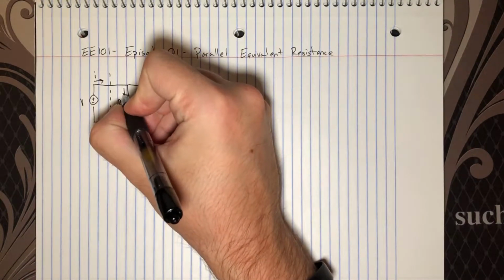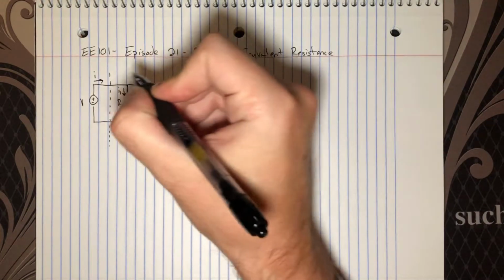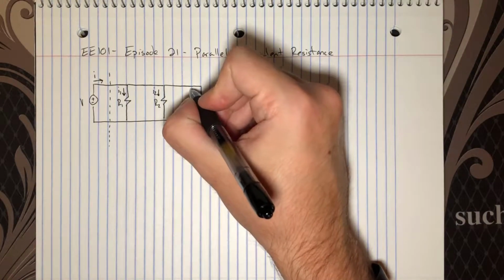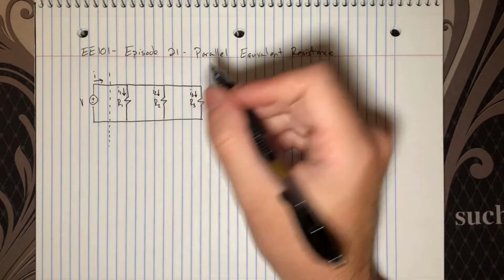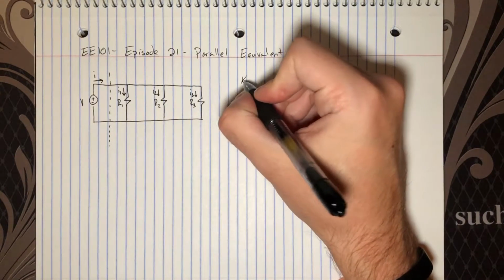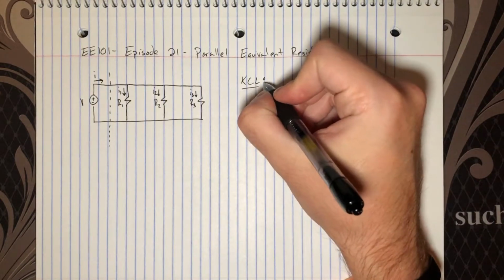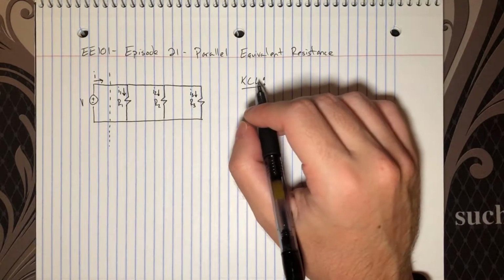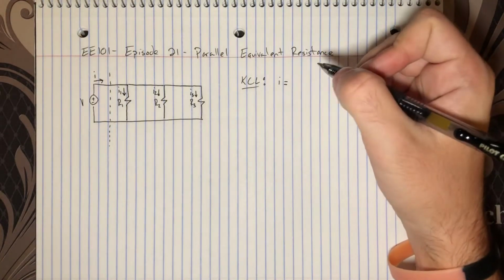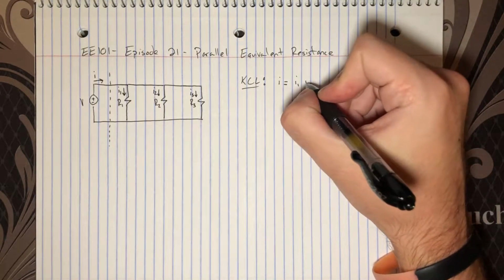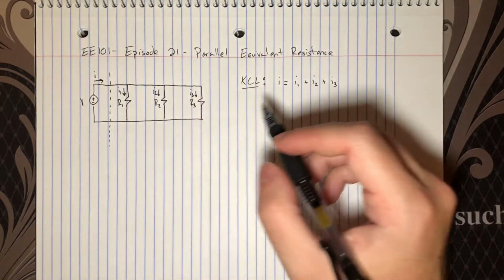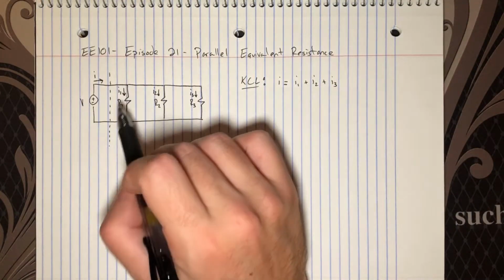So we can go ahead and label that I1, I2, and I3. So each of these resistors has a current, and it should be very clear by now, the basic principle of KCL or Kirchhoff's current law. We know immediately that the total current flowing from the source has to equal the sum of all the currents in these resistors. So this is just a KCL at this node here.